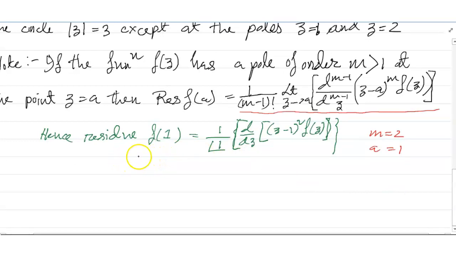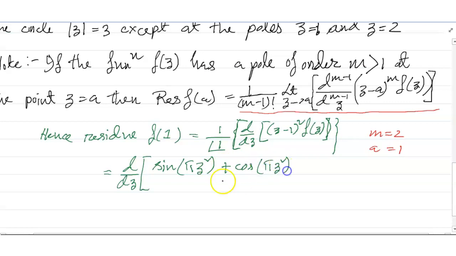So whatever I get, friends, the d/dz calculation is lengthy, but it is d/dz of (sin(pi z^2) + cos(pi z^2)) divided by (z - 2).